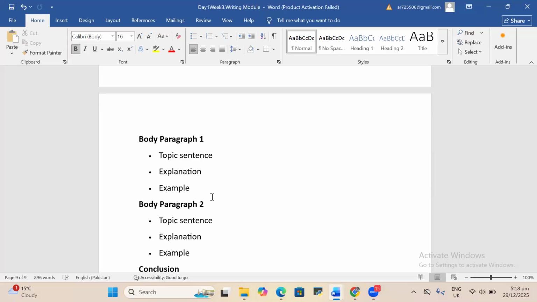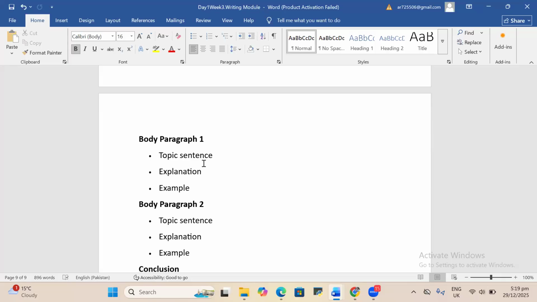For example, if your essay is about technology, they describe the impact of technology in the health sector, and then they describe the effect on education. So here are two topic sentences. In that case, students cannot describe both in detail.